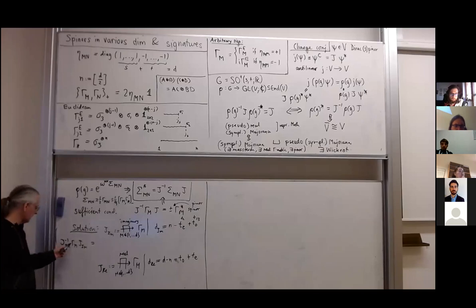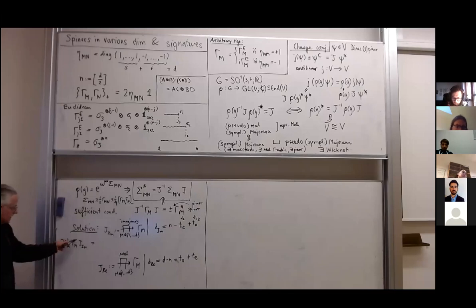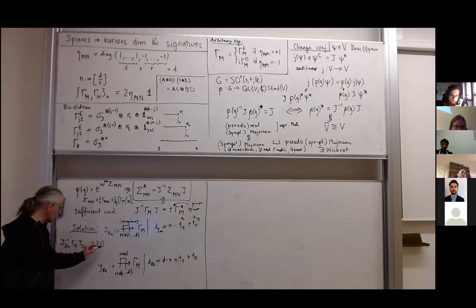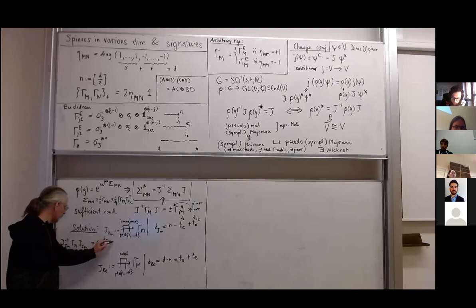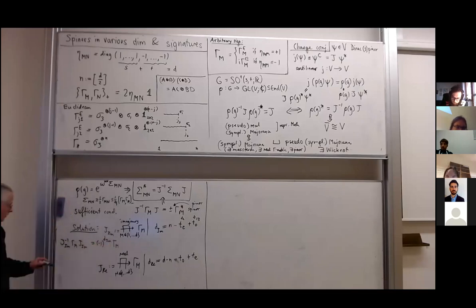So let's see. We have here gamma m. There's two cases. Either gamma m is an imaginary matrix. Actually, let's say that gamma m is real. If gamma m is real, then it certainly anti-commutes with all of the imaginary matrices. So therefore, we would get a minus 1 to the d im here, because gamma m was real. So if gamma m is real, then this is certainly true. Does that make sense?